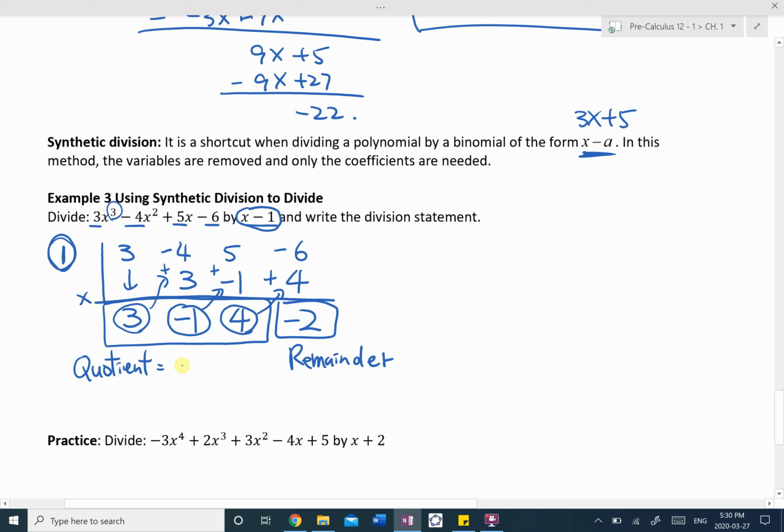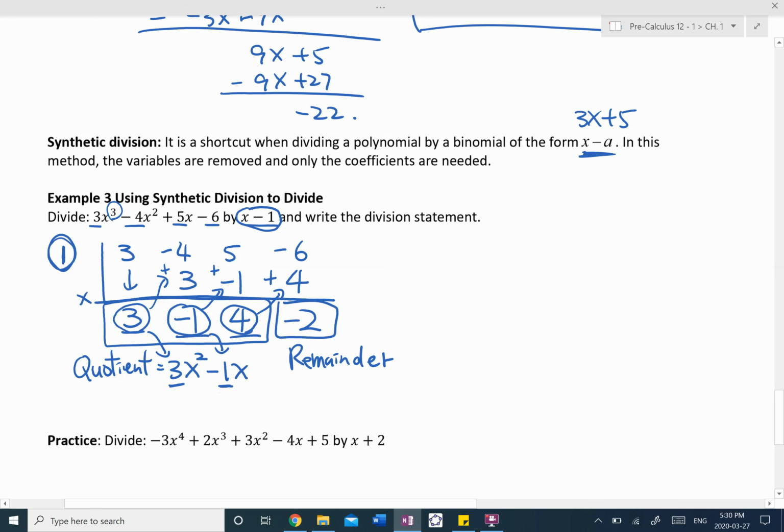So in this case, these three are simply the coefficients of our quotient. So it's going to be 3x squared, the 3 came from here, minus 1x. You don't need to write down the 1, I'm just writing it to show you. And then finally plus 4, which comes from there.